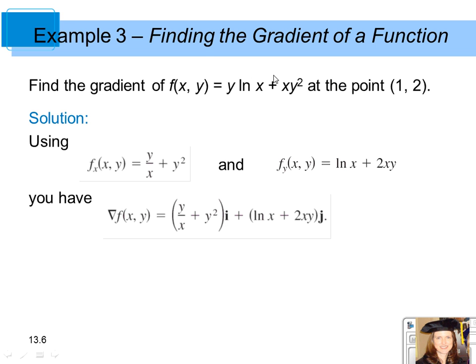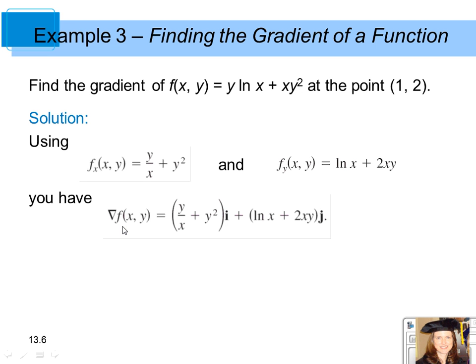Now you want to take the partial derivative of this with respect to y. Treat y as a variable and treat x as a constant. The derivative of y natural log of x is the natural log of x, that constant, times 1, plus the derivative of x y squared, treating y as the variable. That derivative is 2xy.